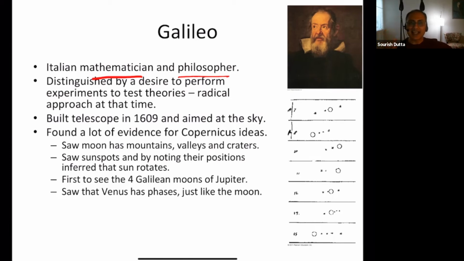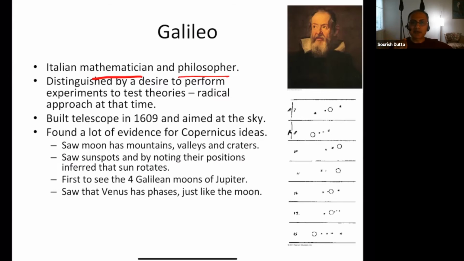So in science, the correct way to think is to test whatever you're coming up with against experiment. You have to do experiments, and experiments are the ultimate arbiter of whether what you figured out is correct or not, right? So this is a no-brainer to us, but at the time of Aristotle, this kind of thinking was completely non-existent.